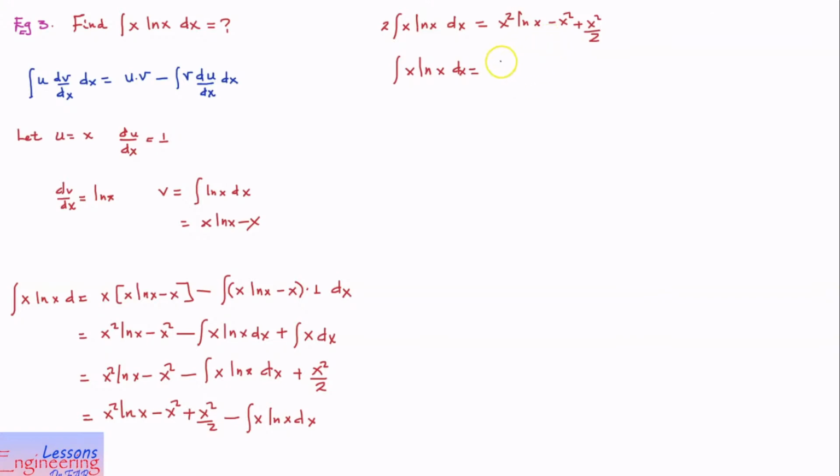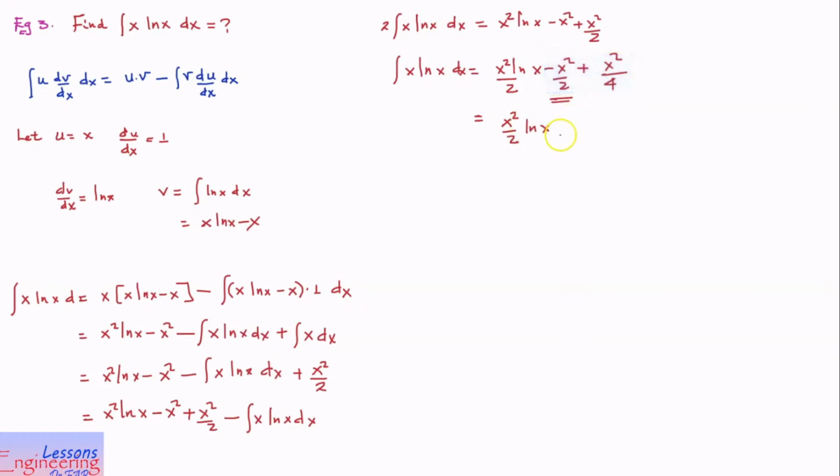So this will be x squared ln x minus x squared plus x squared, divided by 2, and because we have 2, 2 times 2 will be 4, so divided by 4. Okay, so this will be x squared over 2 ln x minus a half plus a quarter.